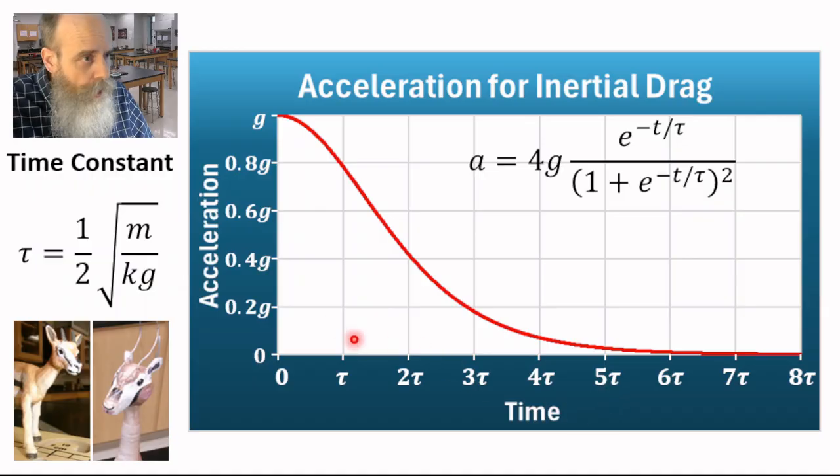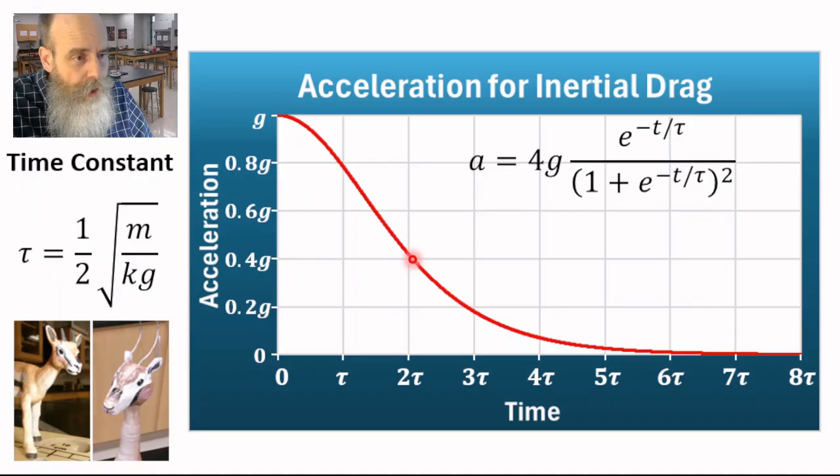Also, when t equals 0, a is g. When t is tau, a is 0.78 g. If it decreased by a factor of 1 over e in the time tau, it would be 0.37 g. At a time of 2 tau, a is at 0.42 g.